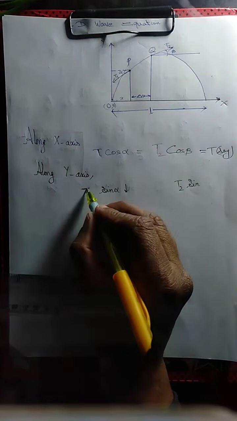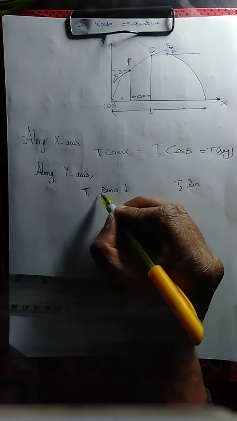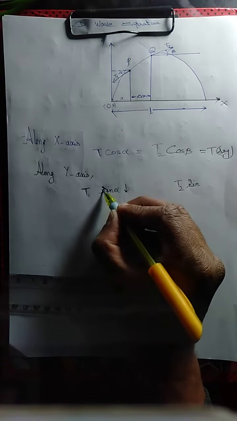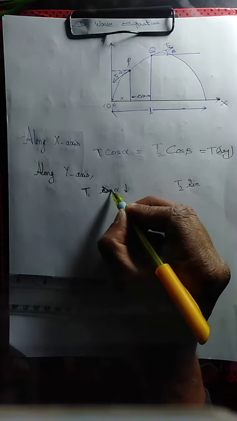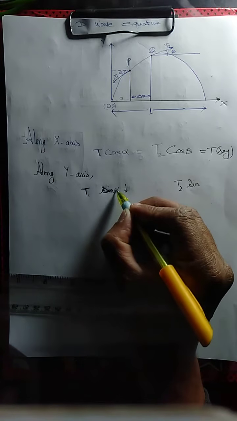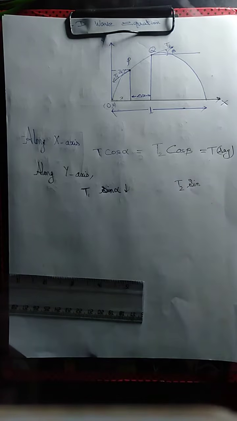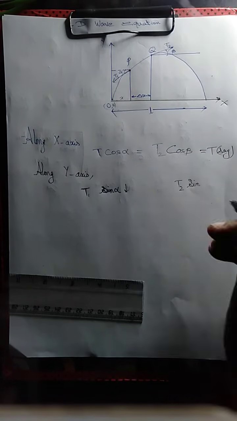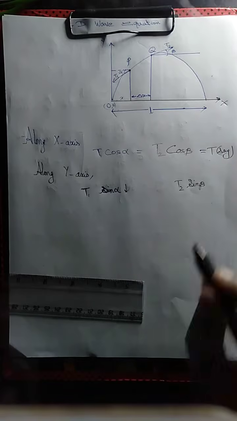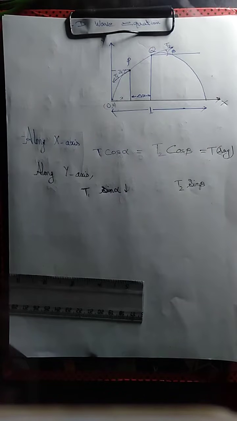We'll see why. T1 sin alpha, that is acting down, and T2 sin beta. Do we have something else? Yes, we have.